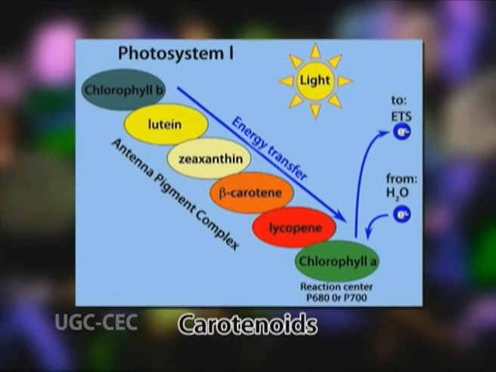The carotenoids in plants are accessory photosynthetic pigments which help plants absorb solar energy and also protect the chlorophyll from photooxidation. And lastly, the volatile olfactory compounds emitted by plants for attracting pollinators are also lipidic in nature.